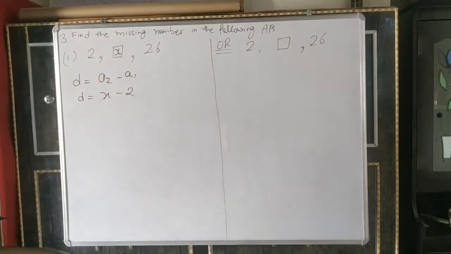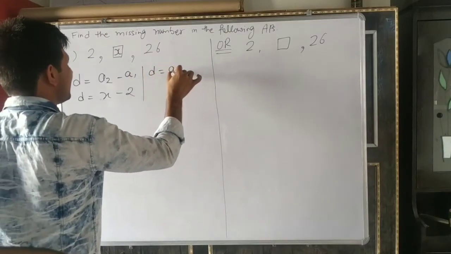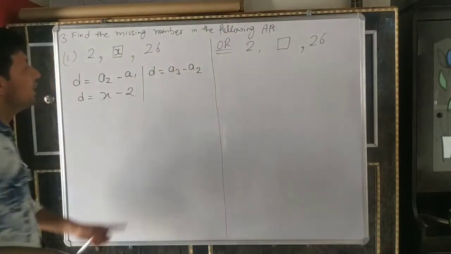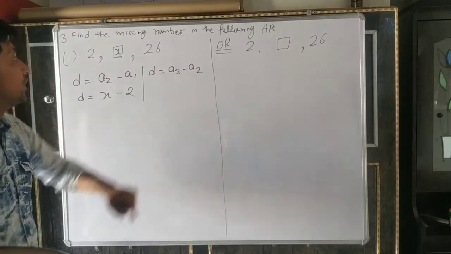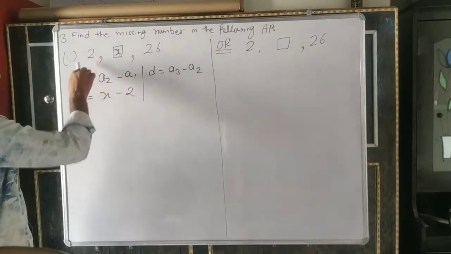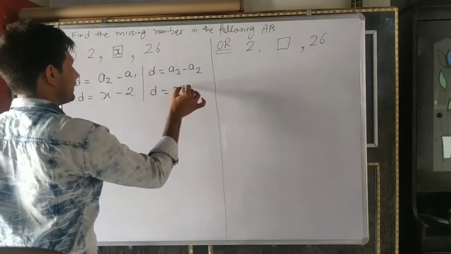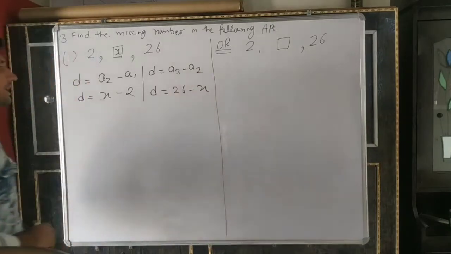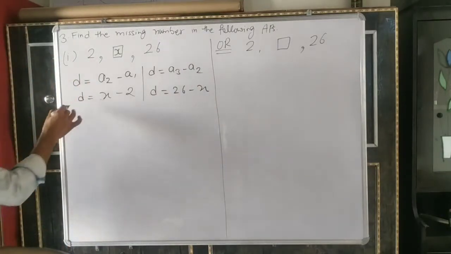Or you can find d as a3 minus a2. Always take two consecutive terms, not 26 and 2. So d is 26 minus x. Understand, dear?